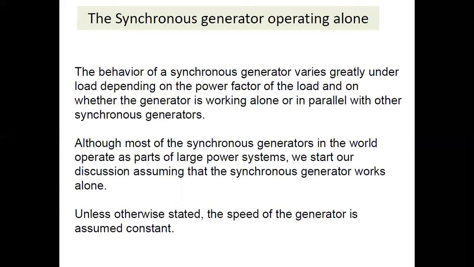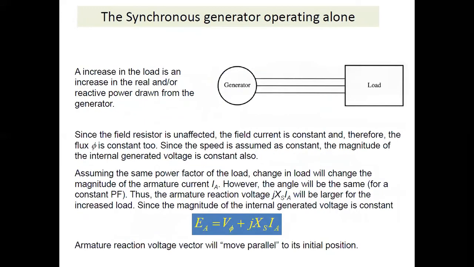So we can say that synchronous generators are working in parallel when they are supplying to the large system. Let's consider that the synchronous generator is working alone, and because of this, the speed of the generator is assumed to be constant.